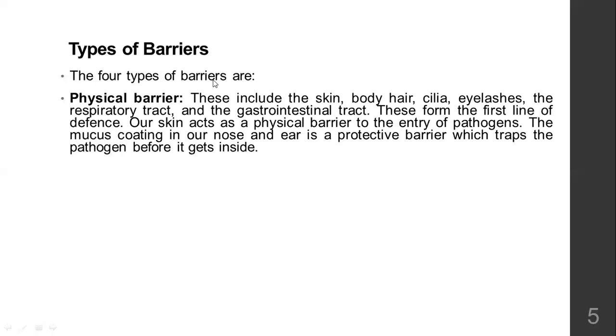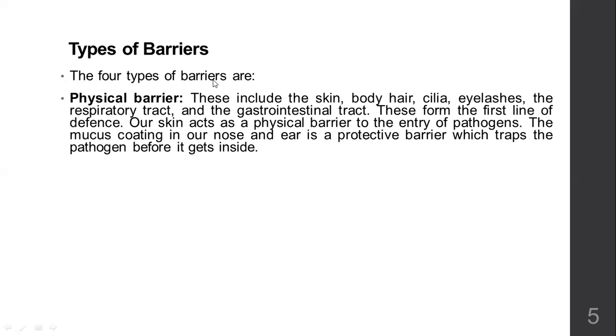So the types of barriers are also innate immunity. You're born with it. There are four types of barriers. Physical barrier: this is your skin, your body hair, cilia, eyelashes, mucus in the respiratory tract, GI tract. Everyone is born with this. This is the first line of defense in your body.